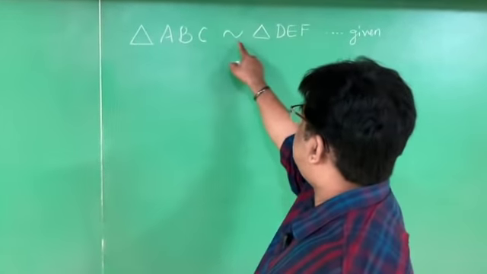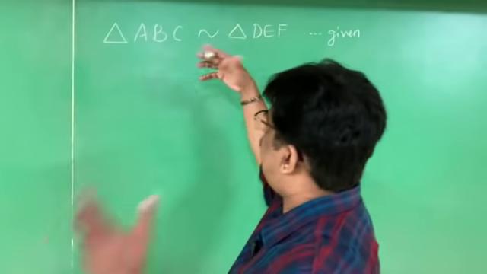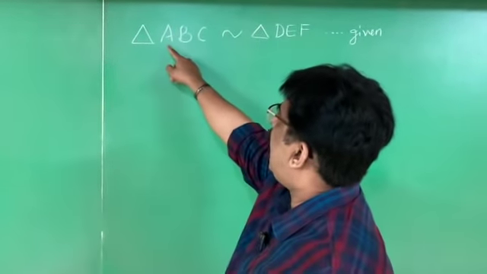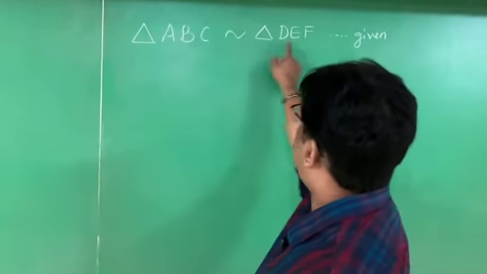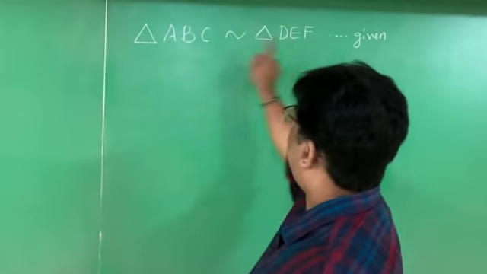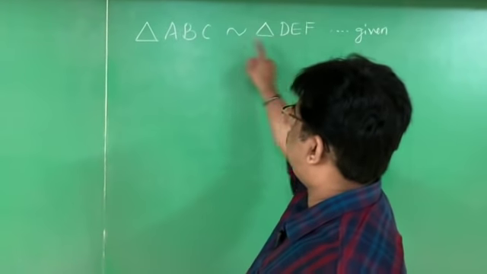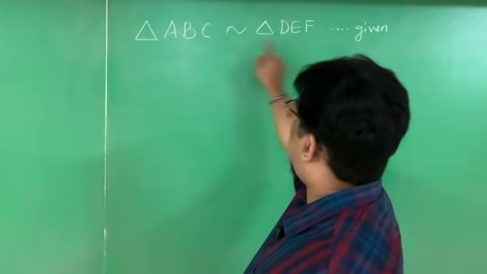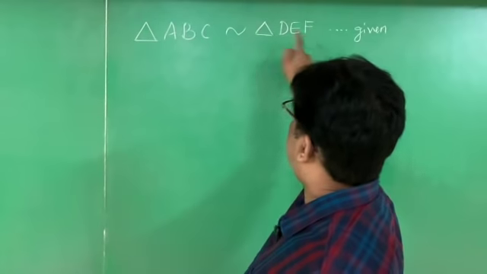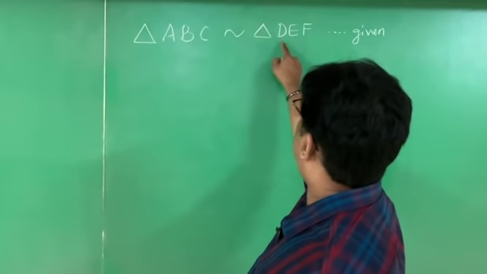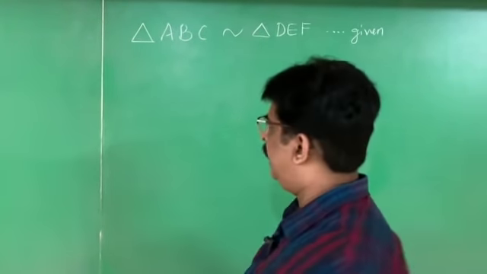Triangle ABC similar to triangle DEF means there is a lot of information embedded in this. Angle A is equal to angle D, angle B is equal to angle E, angle C is equal to angle F. Sides are proportional, that is, AB by DE is equal to BC by EF is equal to AC by DF. That is all we are able to understand.